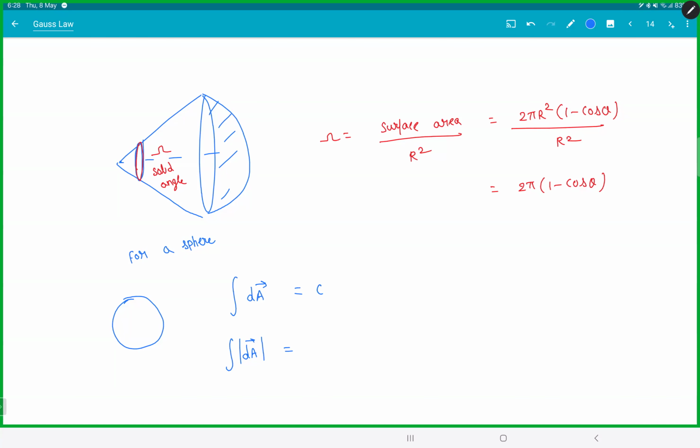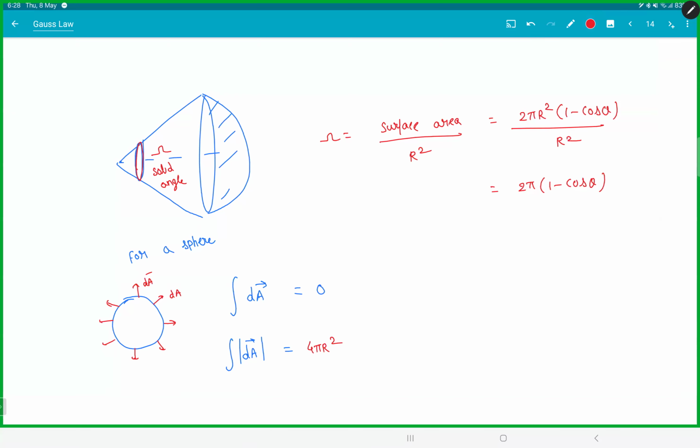The first one is 0. Why? Look at the area vector. The area vector dA bar looks like a ball of spikes. For every one vector, there's another vector which will cancel out. Second one, you're integrating mod dA, meaning you're literally adding each and every part, you get surface area.